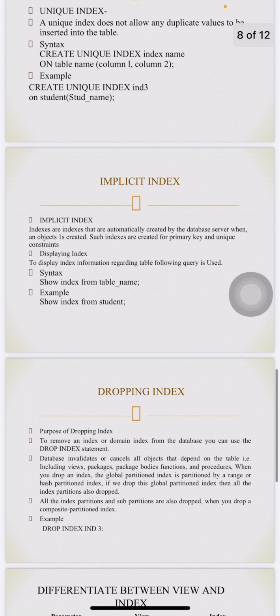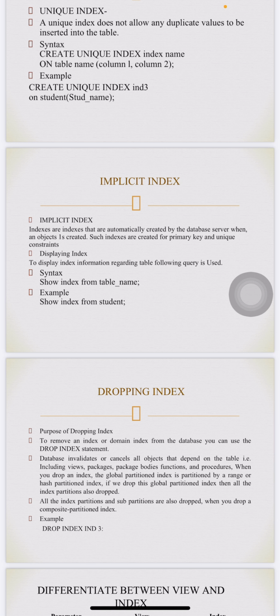Dropping index. The purpose of dropping an index is to remove an index or domain index from the database. You can use the drop index statement. The database invalidates all objects that depend on the table, including views, package bodies, functions, and procedures.